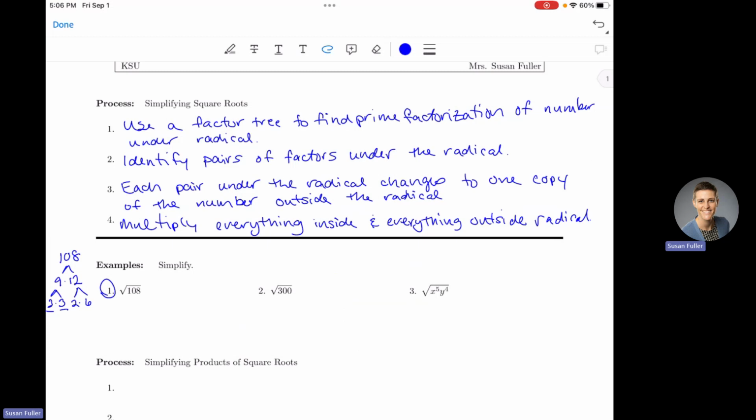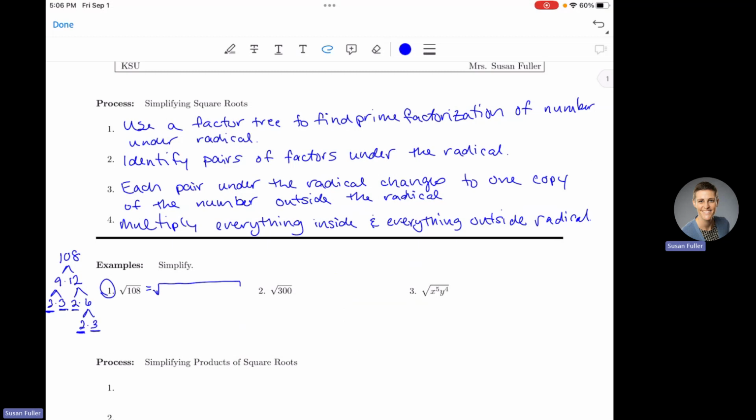All right, we'll look at the numbers at the end of each of these branches. 2, I know I'm done. It's just 1 and 2. But 6 can be broken down further into 2 times 3, and this is the end of the line. Okay, so now 108 can then be written as the product, that means the multiplication, of all of these things at the ends of the branches.